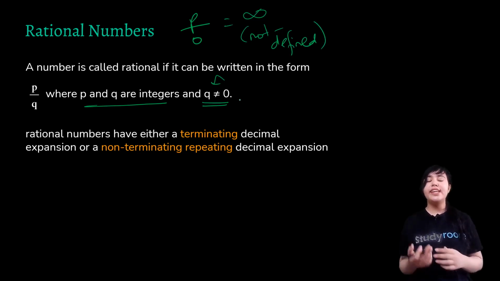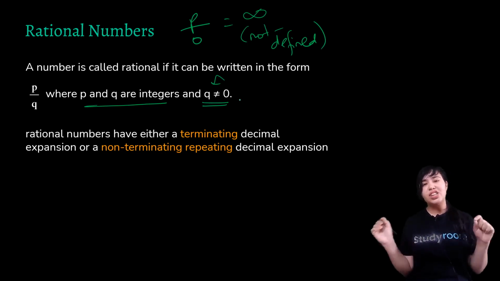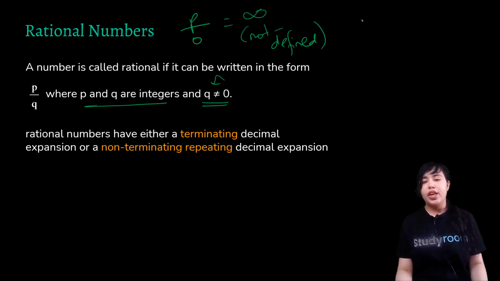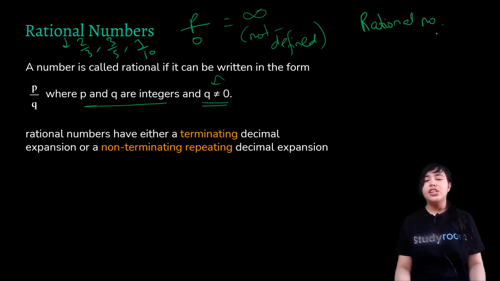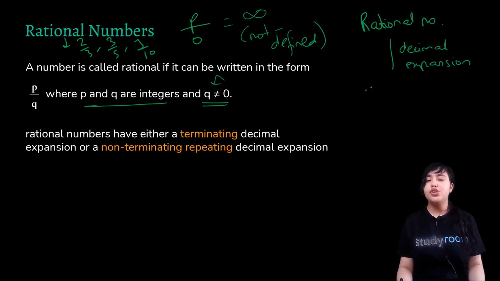Now here the only thing that we have not discussed so far is the decimal expansion of rational numbers. If I give you a rational number, first of all let me tell you some examples also, like 2 by 3, 3 by 5. I'm sure you know plenty by now, so just write some by yourself. Any rational number on decimal expansion gives me two possible results.